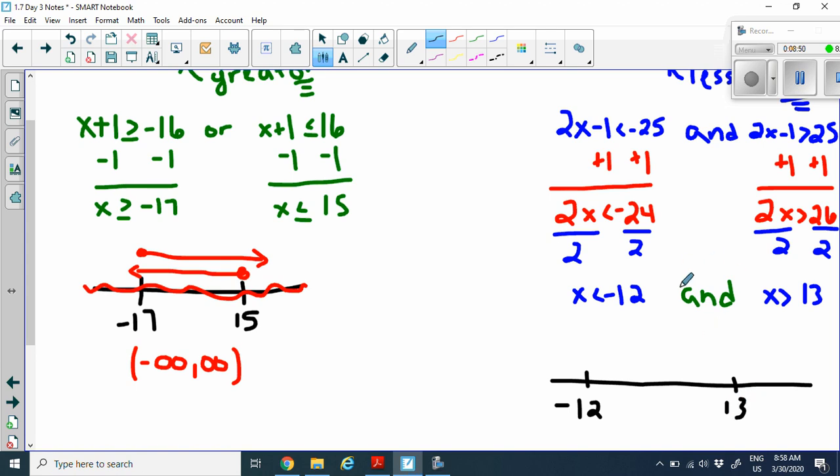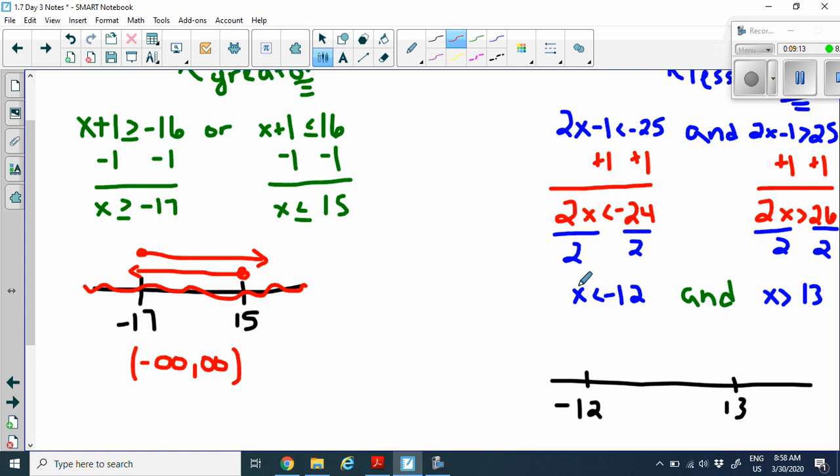Okay, so usually with our and problems, when we did the lesson before, that meant that we shaded in between. But let's see what's really happening with these inequalities that we see here. So just as I did with the first example, I'm going to go ahead and actually do stuff above the number line. And then when I get my final answer, I'll shade if I need to on the number line.